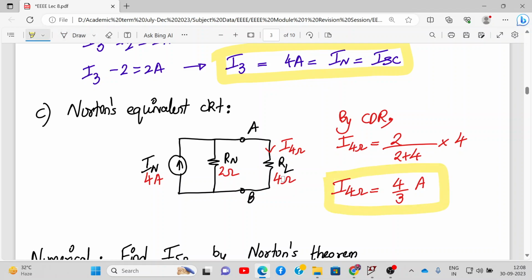So this is obtained using Norton's theorem.